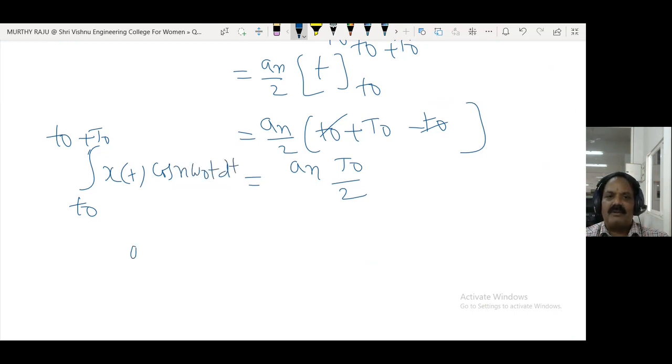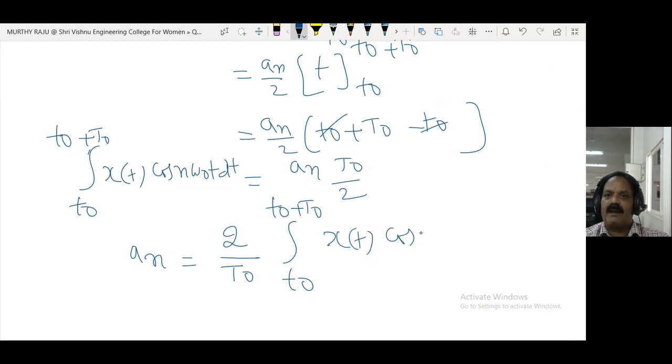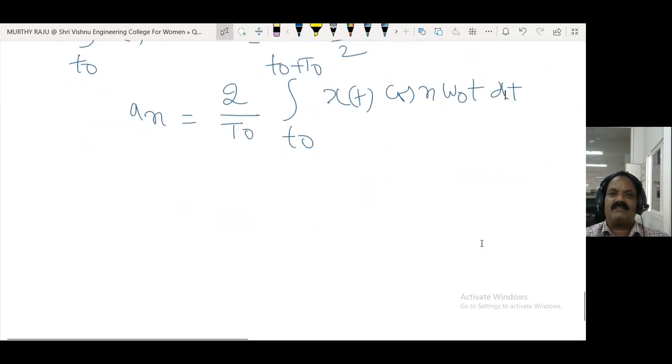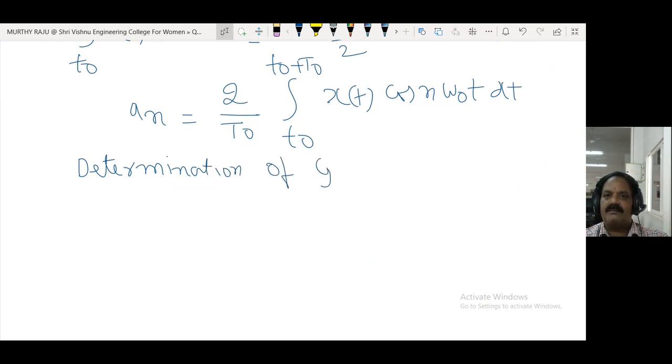From that expression, an is equal to 2 by T0 times the integral from small t0 to small t0 plus capital T0 of x of t cos n omega naught t. This is the an. Next, determination of the Fourier coefficient bn.